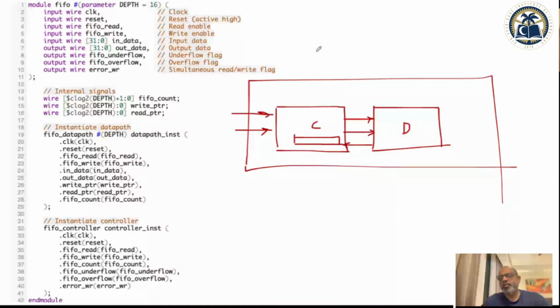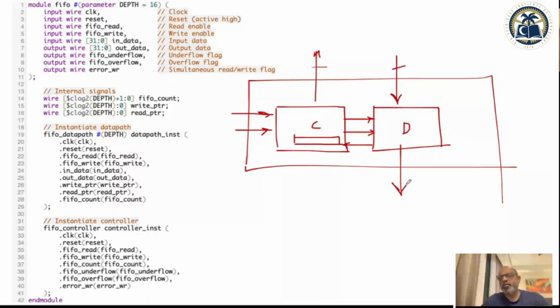It generates these status signals to the person who is using it, and to the data path. It may be getting something, doing something, and sending something out. So usually this is how the design is.